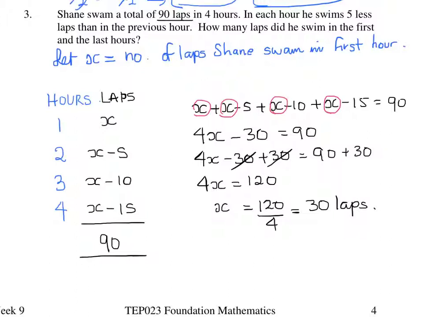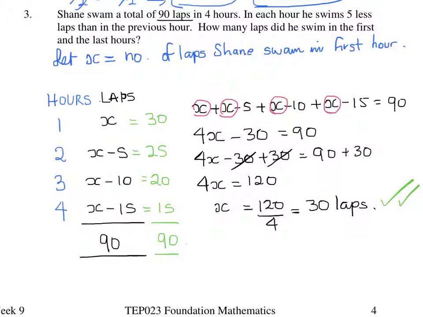So if x was 30, what's x minus 5? x minus 5 must be equal to 25, and then x minus 10 will be equal to 20, and x minus 15 will be equal to 15. If we add all of those up as a check, that will give us 90, as it should. So therefore this answer we got of x is equal to 30 laps is correct.